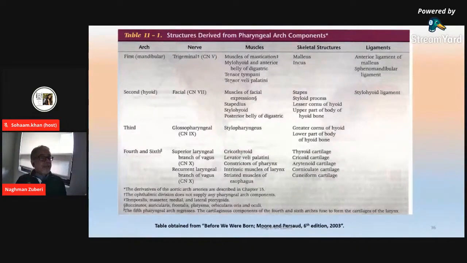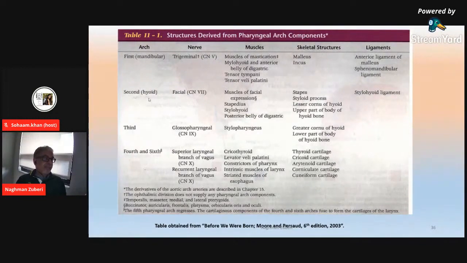All these muscles are supplied by various branches of trigeminal nerve. Skeletal structures derived from the first arch: malleus and incus. Ligaments: anterior ligament of the malleus is the sphenomandibular ligament.